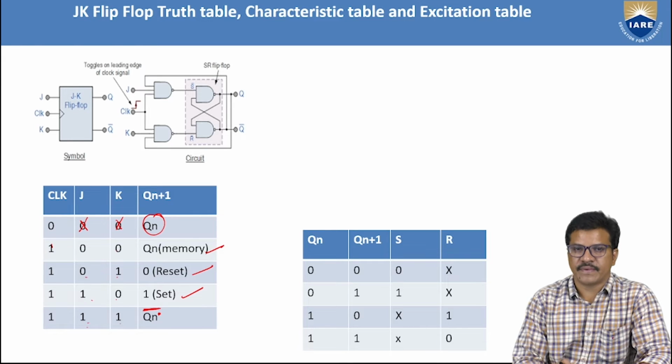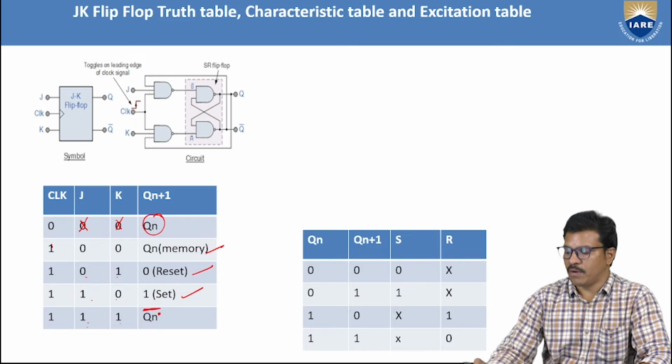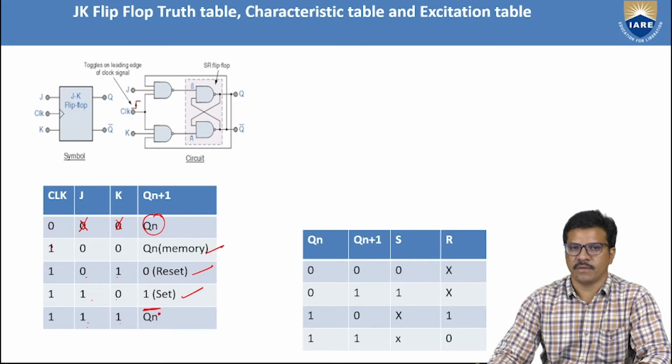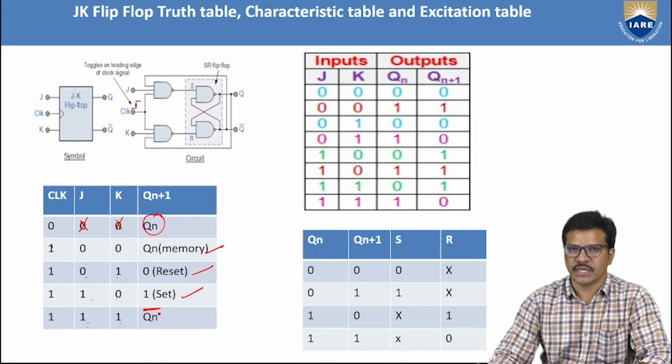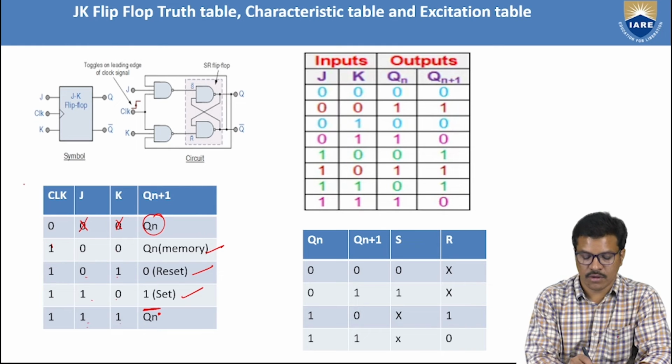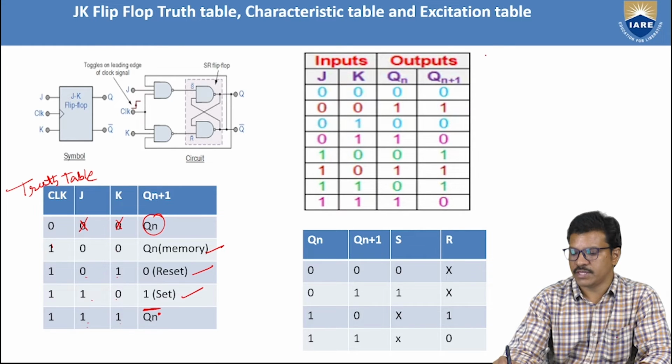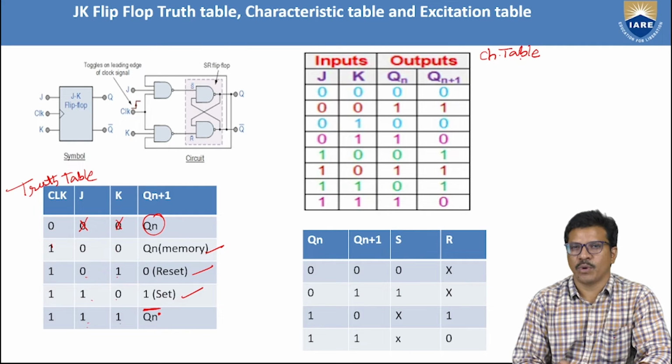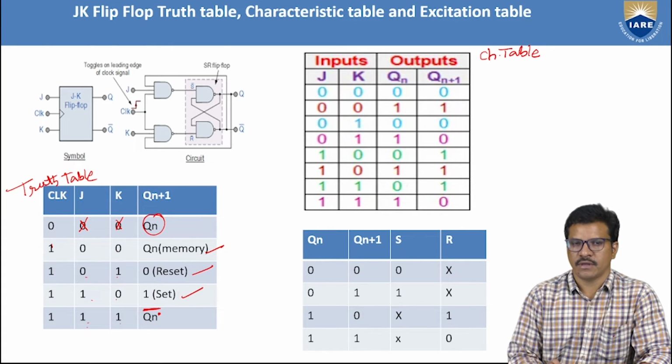Based on this concept, we will prepare the characteristic table. This is the truth table, and this is the characteristic table. What is the characteristic table? All the combinations of J and K inputs and outputs.